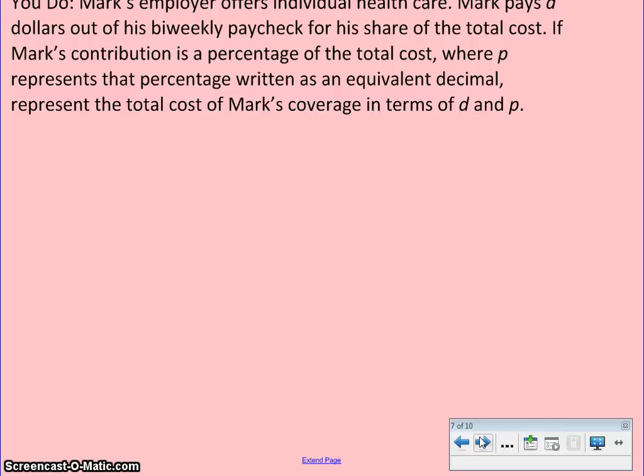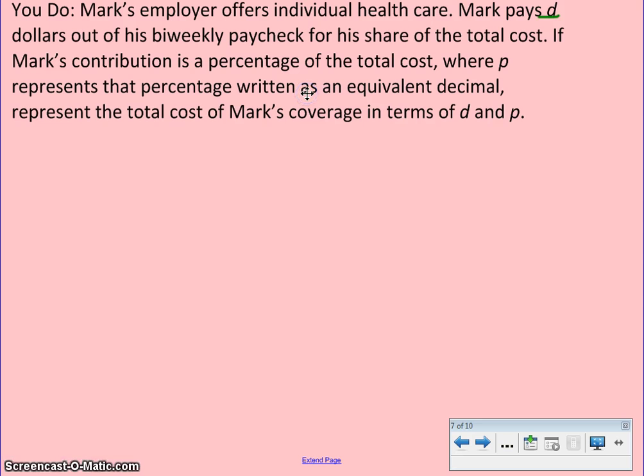Mark's employer offers individual health care. Mark pays D dollars out of his bi-weekly paycheck. So again, he gets paid 26 times a year.